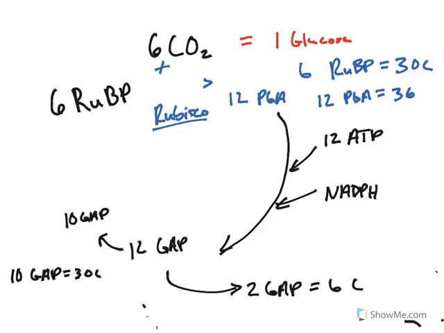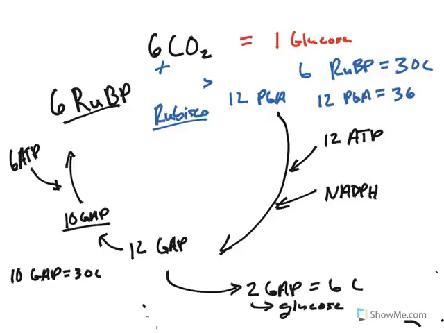So our 2 GAP, our 2 glyceraldehyde 3-phosphates, will go off to make some sort of sugar. It could be glucose, lactose, whatever. And what we want to do is turn our 10 GAP back into our original 6 RuBP. To do this, we're going to have to spend 6 more molecules of ATP. So we spend 10 molecules of ATP, we rephosphorylate all of our GAP molecules, and they reform our 6 RuBP.